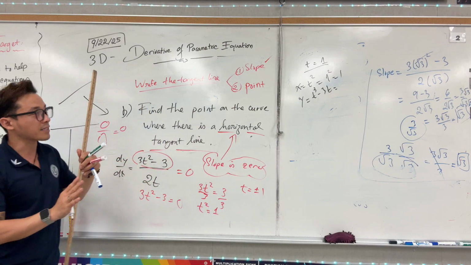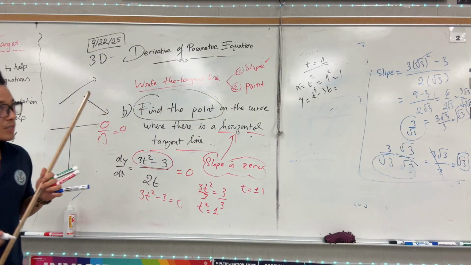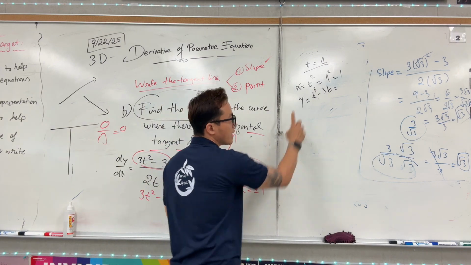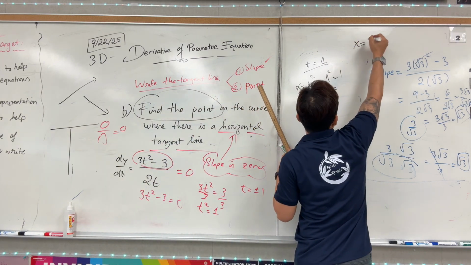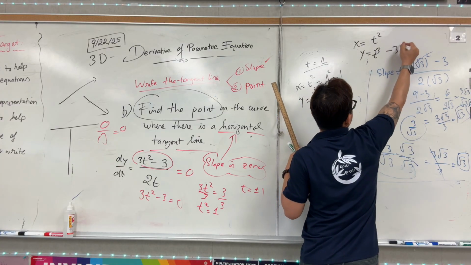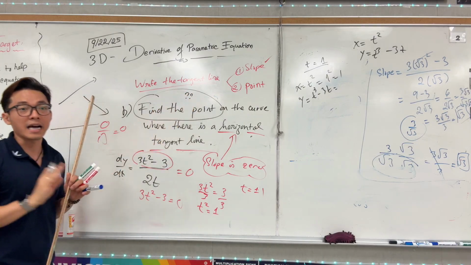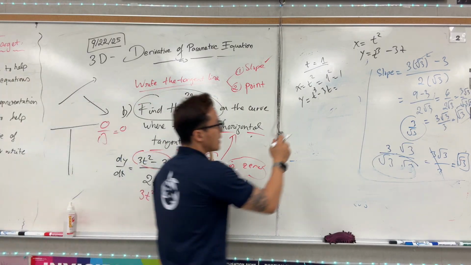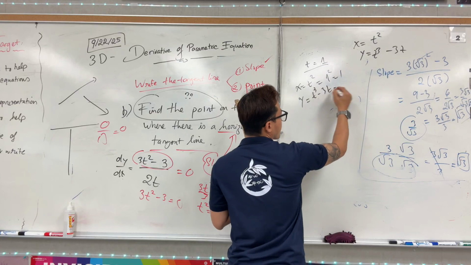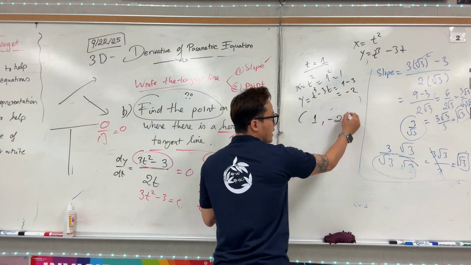But that is not my answer because they're asking to find a point, right? So now I plug t equals 1 into the functions they gave you, x equals t squared, y equals t cubed minus 3t, to find the point. They didn't ask for the t. When I plug in 1, I have 1 minus 3, I have -2. So my first point is 1 and -2.